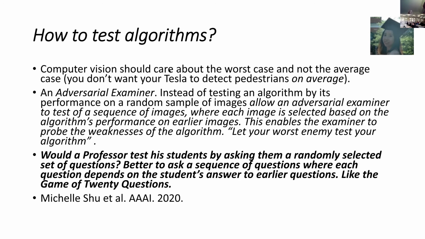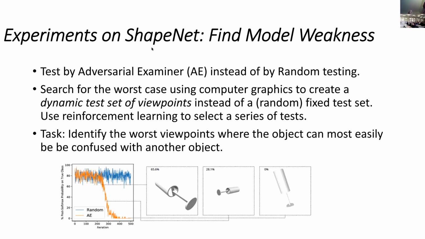So the project done by Michelle was experiments on ShapeNet, which is a dictionary of three-dimensional objects. You used computer graphics, so you could render these objects from different viewpoints, and try to find the model's weaknesses.